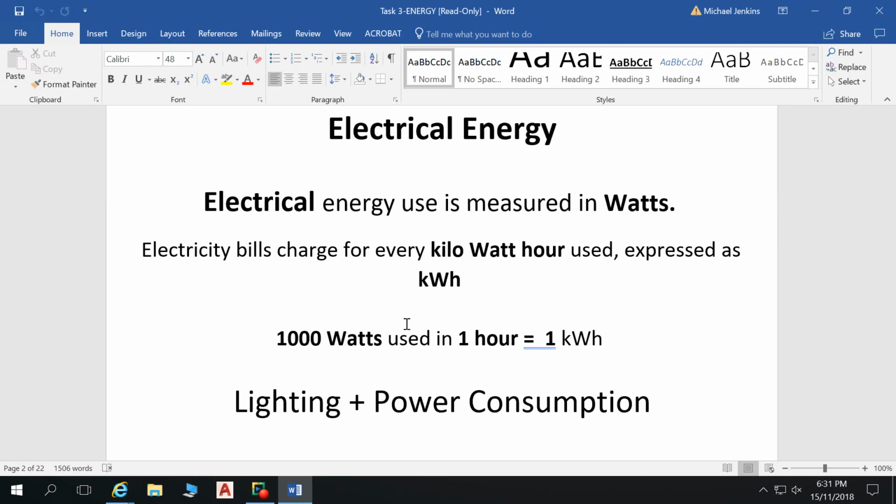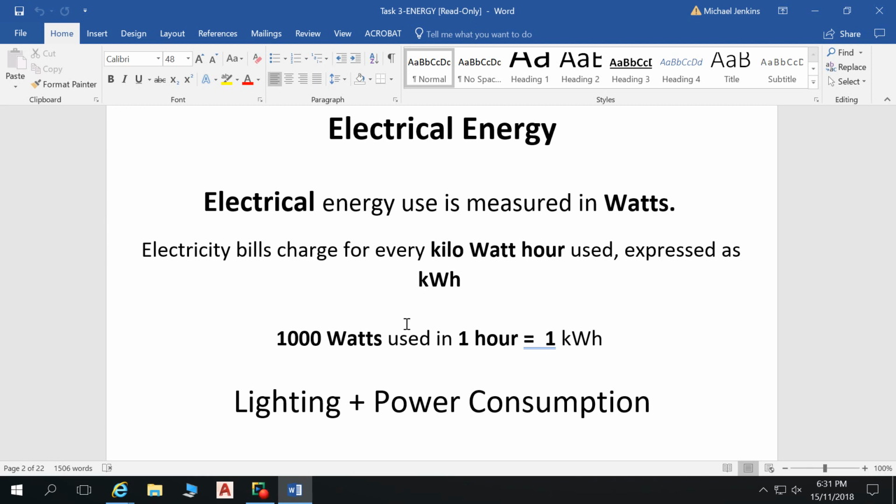Now, obviously for computers, it's going to be an estimate, because let's say we're using that computer for gaming, using a lot of processing power. That computer is going to be burning through more energy than somebody just on Facebook or something like that. So you've got various different uses of that very same computer that will cause different usages.